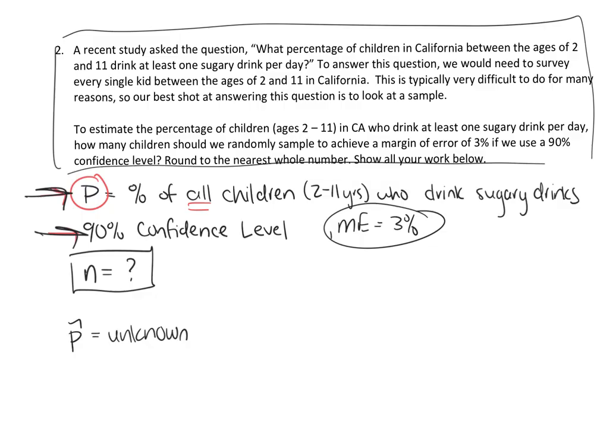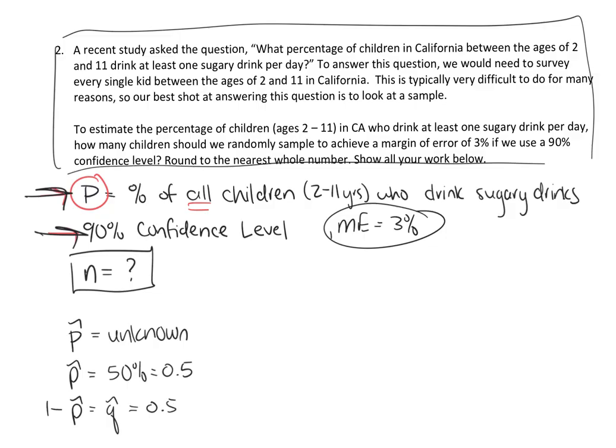So in this situation, anytime that p hat is unknown, we typically use a conservative value of 50%. Converting that to its decimal equivalent, that's 0.5. And then that means 1 minus p hat, or the complement, which we call q hat, is going to be the other 50%.